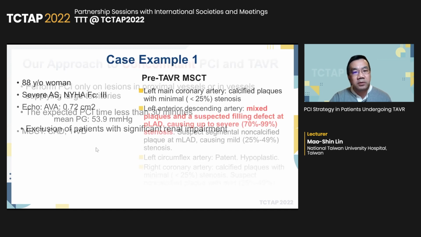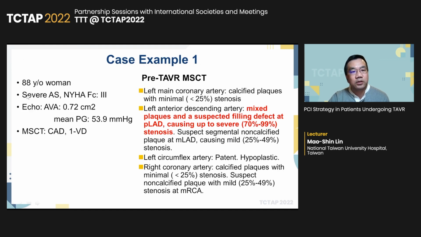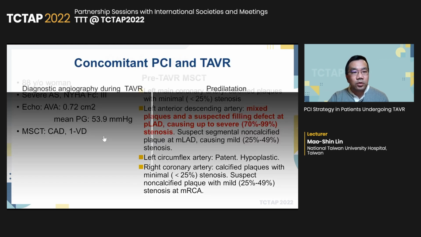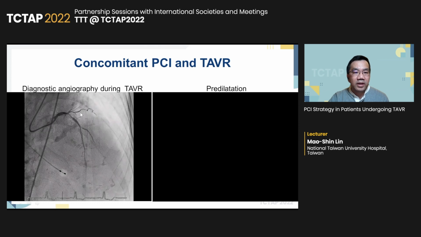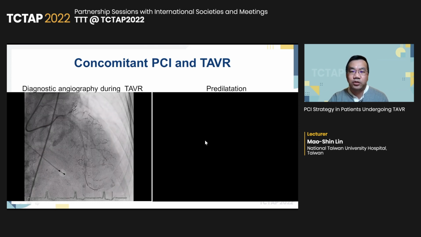This is an example case of an 88-year-old woman with severe AS and one vessel disease. The MSCT found a significant stenosis in the LAD. So we did a diagnostic angiogram during the TAVR, and we found that the LAD had a significant lesion.